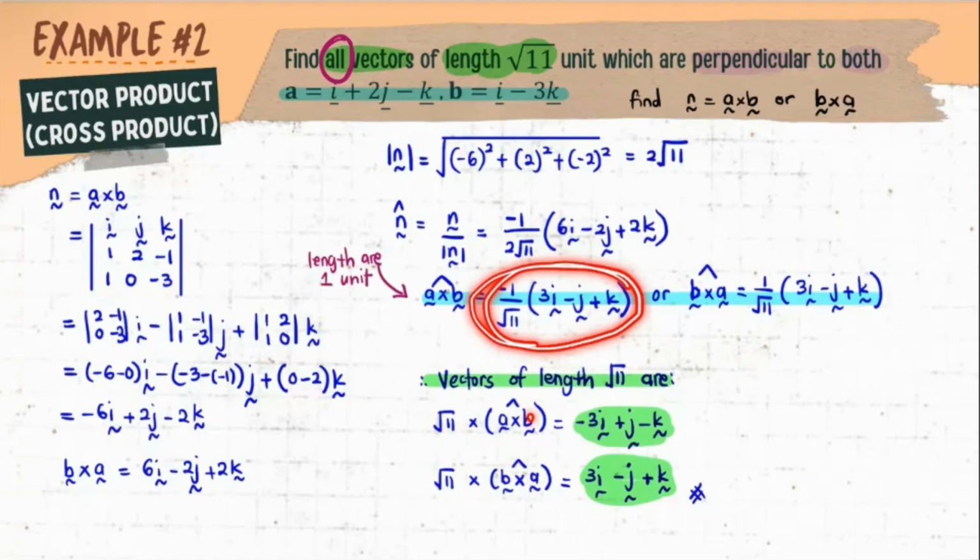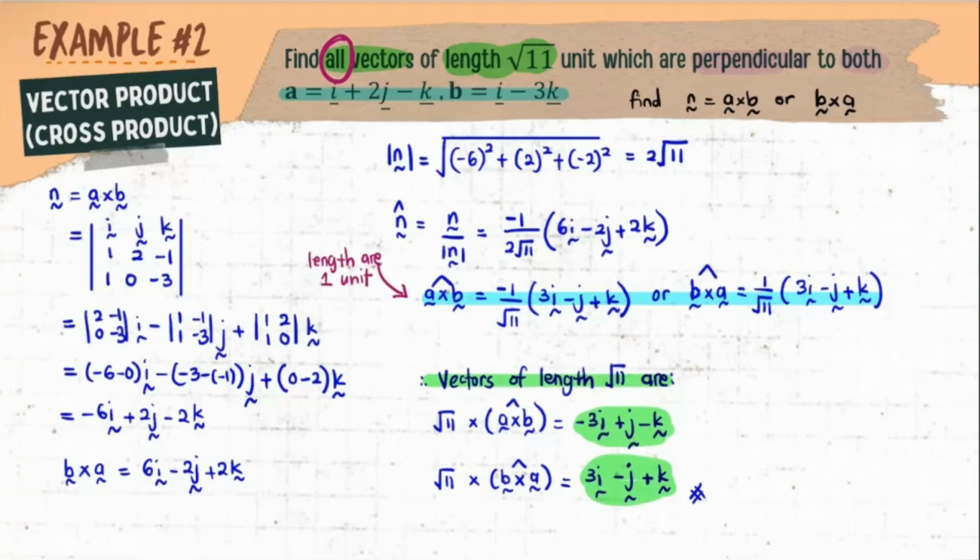Sebab tu dapat jawapan ini sahaja. Sebab square root of 11 darabkan dengan negative 1 over square root of 11. So kita boleh potong dia. So that's why dia tinggal negatif kepada ini sahaja. Yang saya darab masuk terus dapat ini. So indirectly saya dah darab masuk siap-siap lah. Terus tulis final answer je.